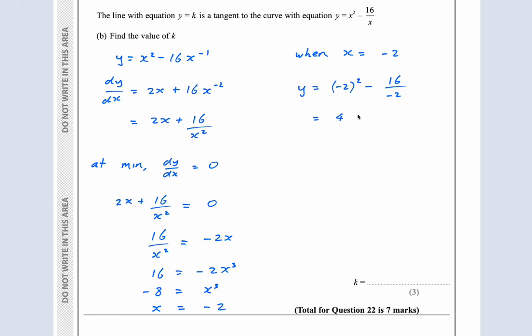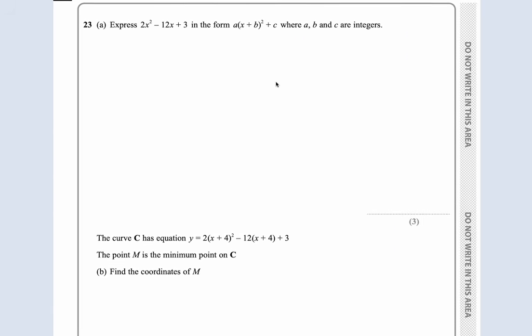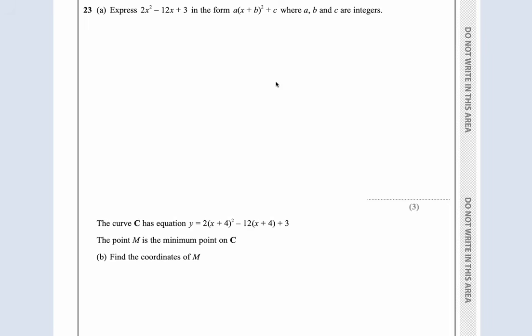And this is also going to be plus, so it's going to be plus 16 over 2 is 8, because minus minus is plus. 4 plus 8 is 12. So k is equal to 12, right? Part B, guys, that is a tricky question, because you need to understand what's going on with all these tangents and minimums and everything.